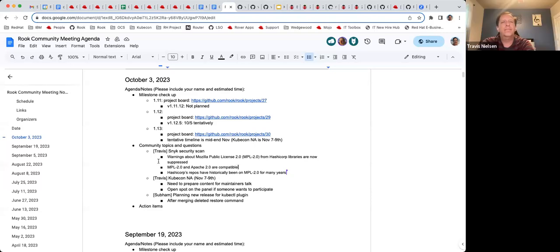I guess that also might mean that we should consider configuring Snyk to warn if it doesn't know what the license of something is. But who knows what madness that can bring. That may bring a lot of warnings if it's just not detecting one.